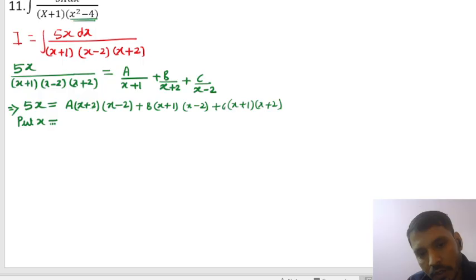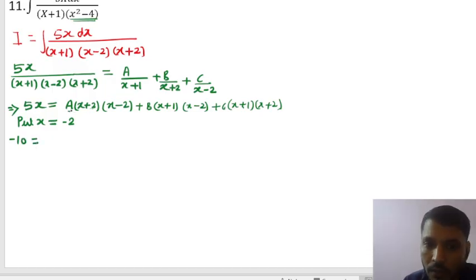If we substitute x equal to minus 2 in the above equation, 5 into minus 2, that means minus 10, is equal to... Here you see a will become 0 because x is minus 2, so minus 2 plus 2 is 0. Overall this term is 0, and c also will become 0 in a similar way. So only the b term remains.